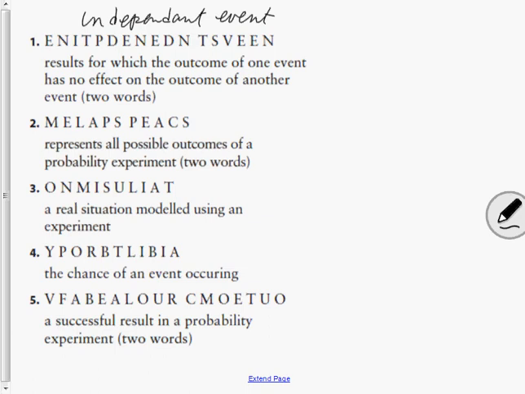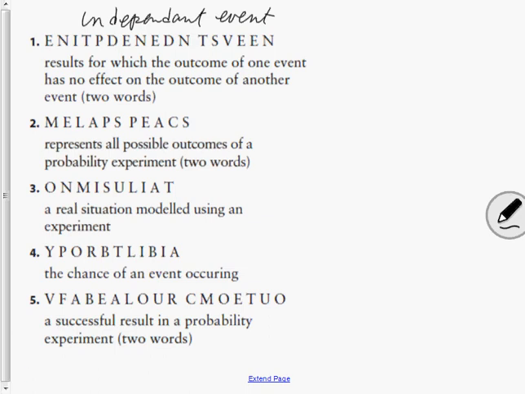An example of a dependent event would be if I was to take a card out of a deck and then asked you to take a second card out of the deck. The first time there would be 52 cards in the deck, and the second time, because there was one less card, there would be 51. So that would change the probability of the second event.